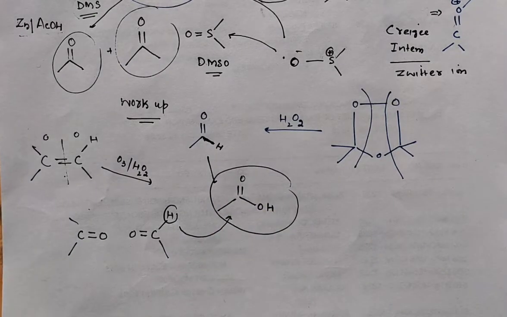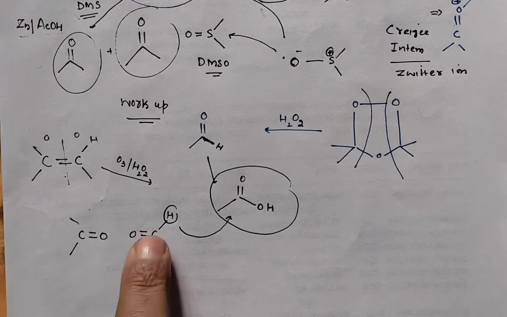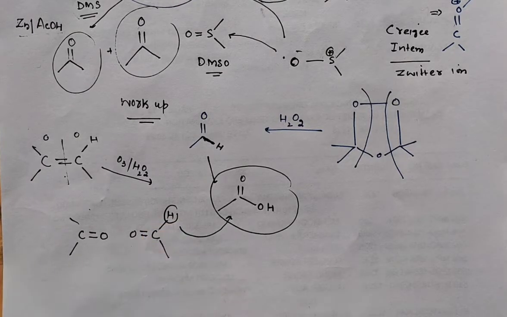So in the oxidative workup, in the ozonolysis, you get acid also as one of the products along with the carbonyl, depending on when the acid forms, when you have a CH bond in the carbonyl. If there is no CH bond, then you get the carbonyl compounds in both the cases, whether it is oxidative workup or a reductive workup.